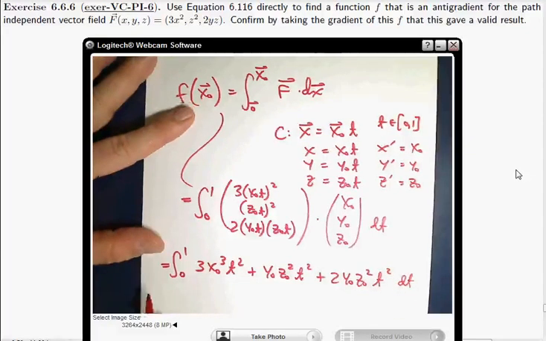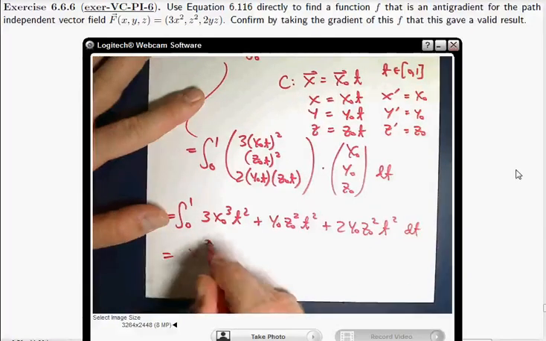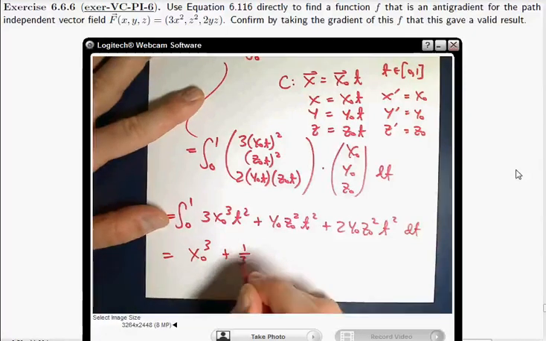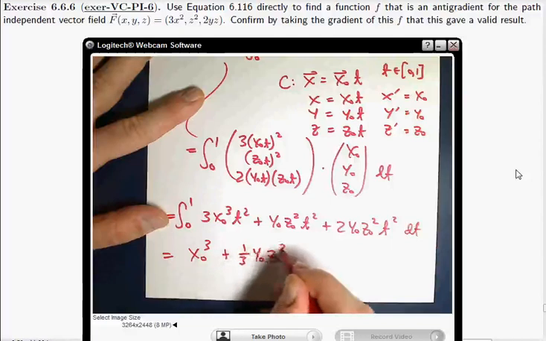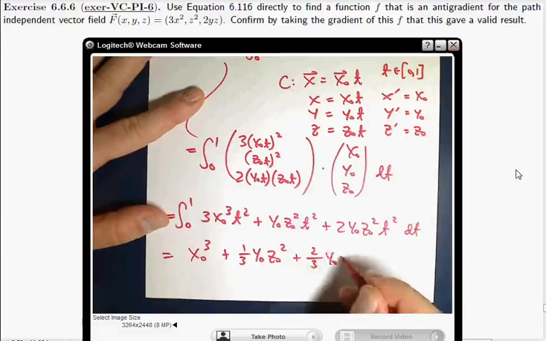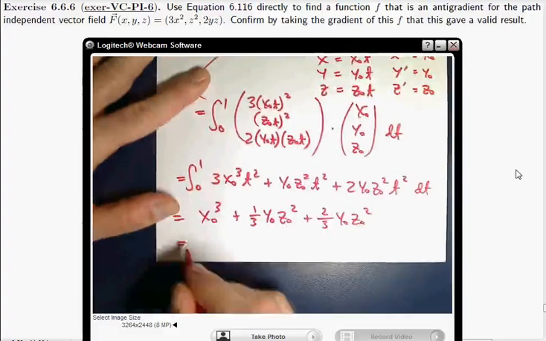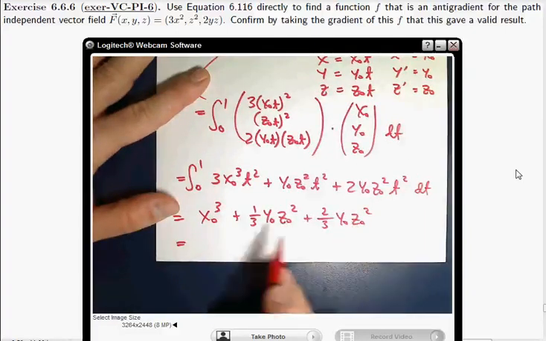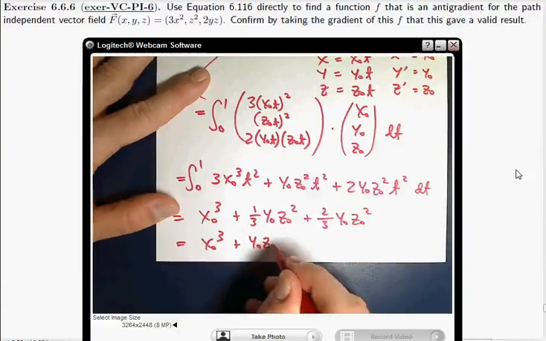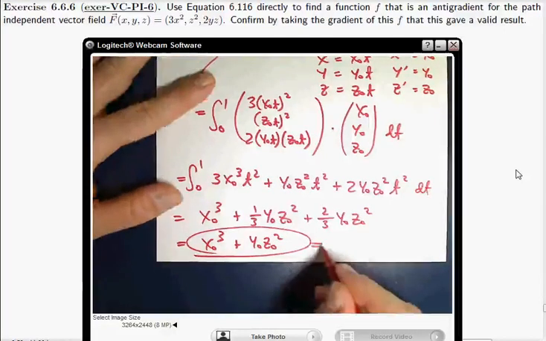Now this is an integral from 0 to 1 dt, and that's going to give you x naught cubed plus 1/3 y naught z naught squared plus 2/3 y naught z naught squared. Oh, and that's convenient, 1/3 and 2/3. It adds up to x naught cubed plus y naught z naught squared. Does that make sense? So this is f of x naught.